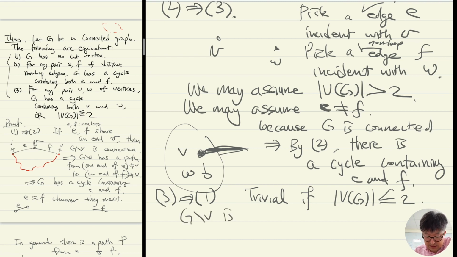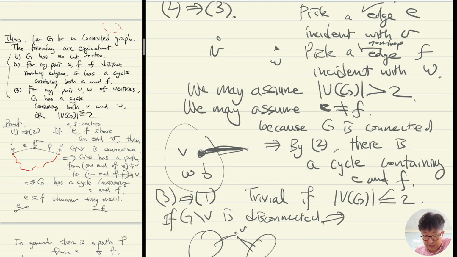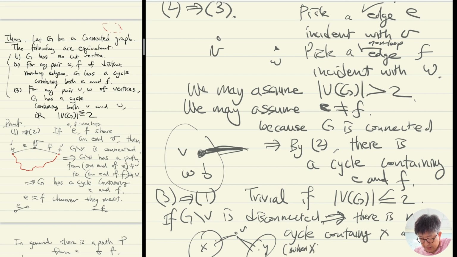If G minus v is disconnected, then there is no cycle containing X and Y. Let's say X is in one component and Y is in another component, so X and Y are in distinct components of G minus v. So that's a contradiction.